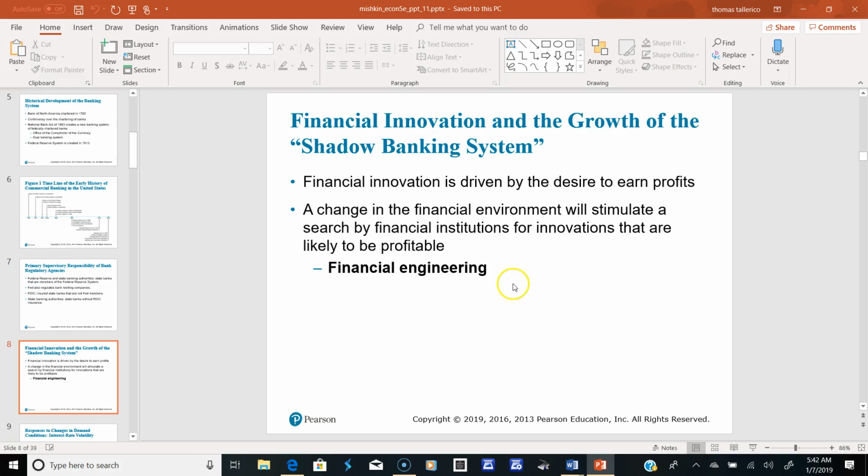There's this whole thing about the new type of financial engineering that's coming around, and a lot of this is online and is being done to satisfy new requirements. So there's a lot of things going on with regard to the banking system.